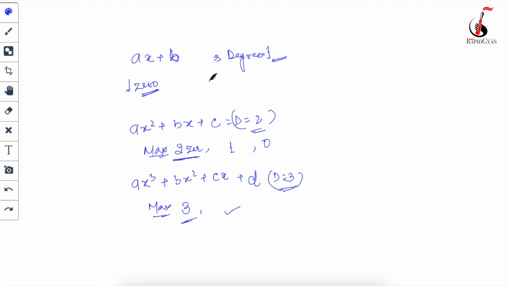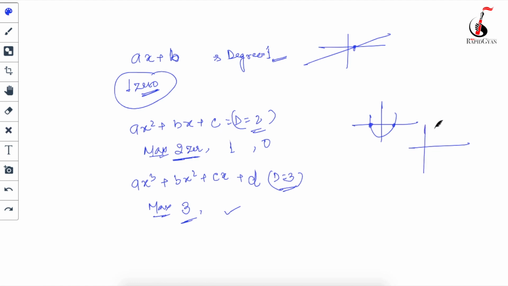Any equation of degree 1 is going to cross your x-axis at just one place, so it will always have 1 zero. In case of degree 2, suppose this is the graph, it's intersecting at 2 points, so there will be 2 zeros.